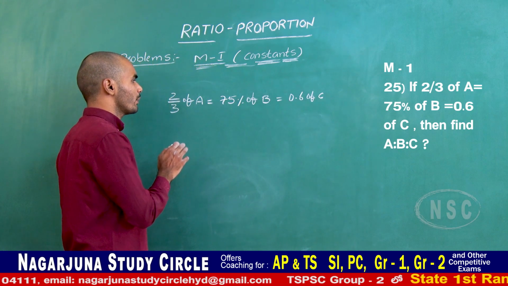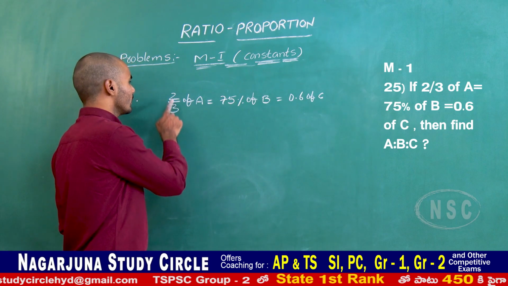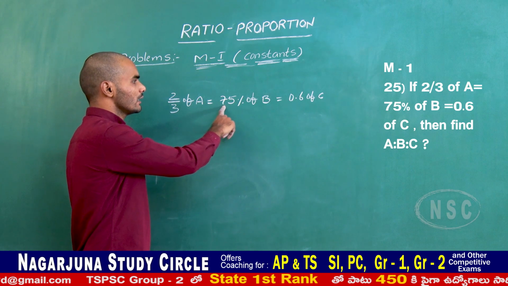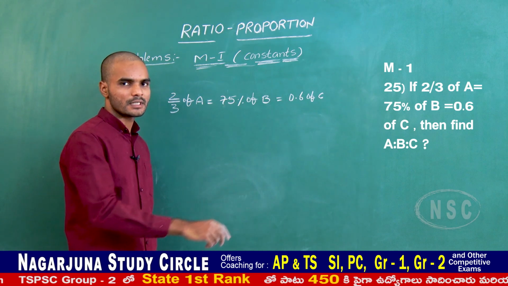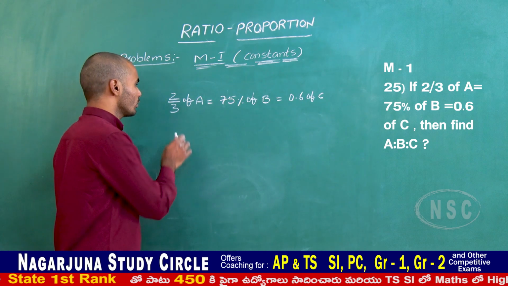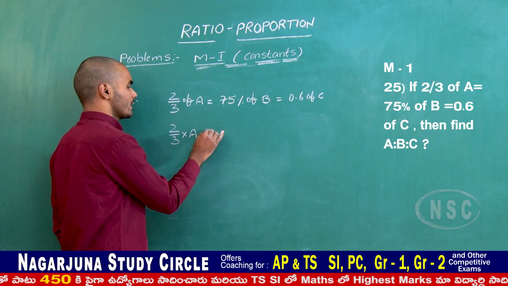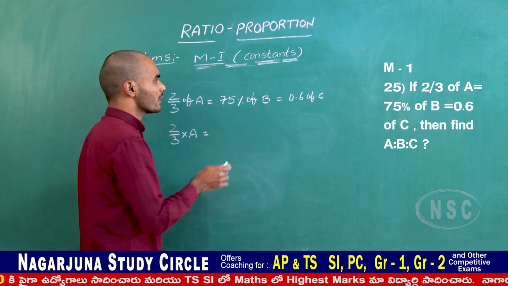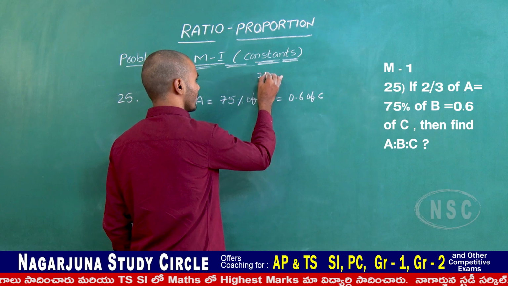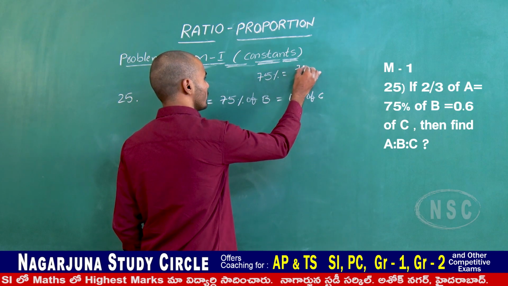This is a previous SSC question. Just observe the question. One is in fraction, one is in percentage, one is in decimals. So we change all into the same form. 2 by 3 of A means 2 by 3 multiplied by A is equal to 75%.